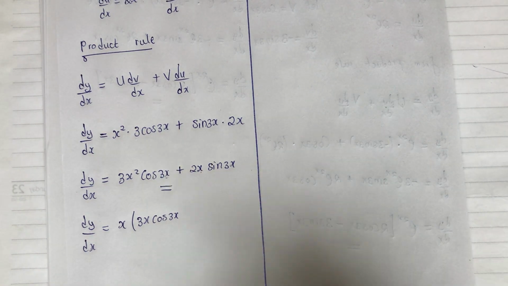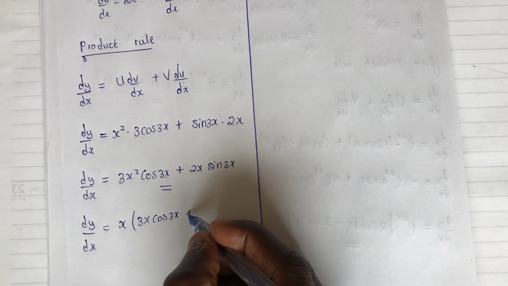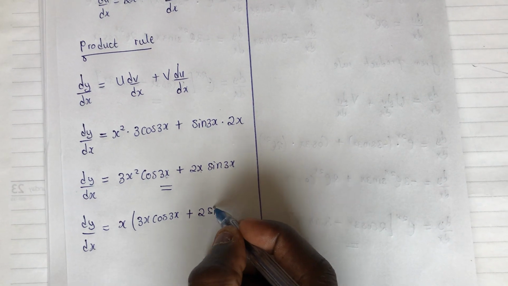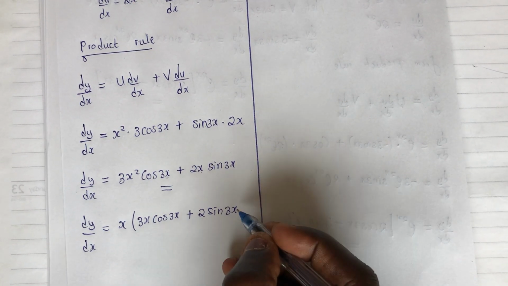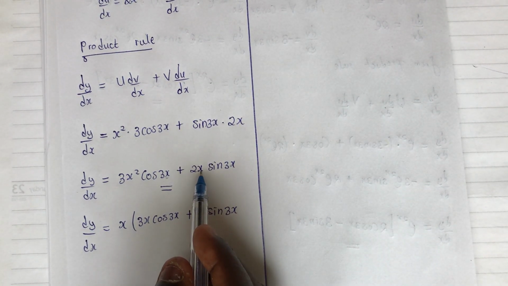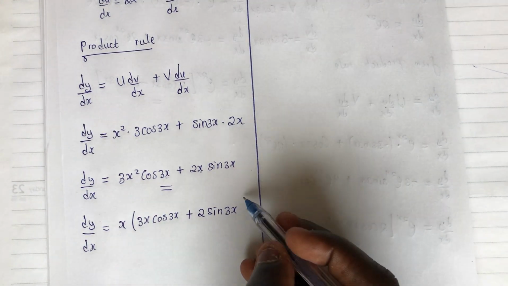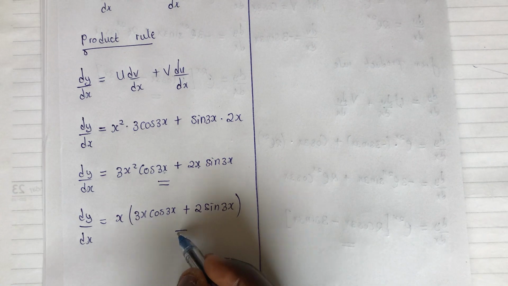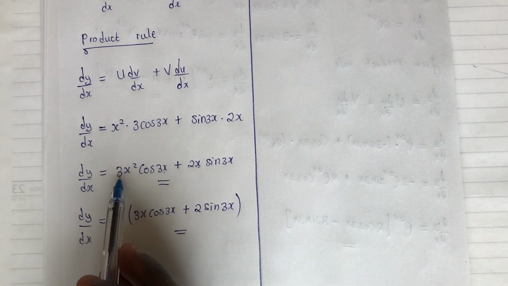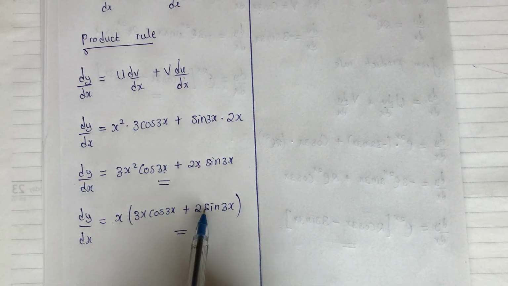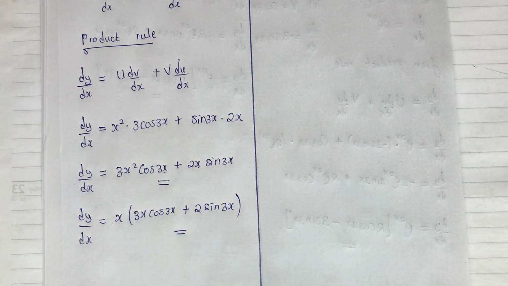So you can't touch this one. So plus 2 sine 3x. I can only touch the one that is in front of it, but if I'm differentiating, I can work on it. So this is your final answer. This time this will give you 3x squared, this time this will give you 2x.